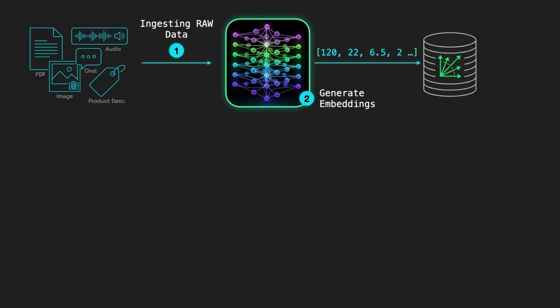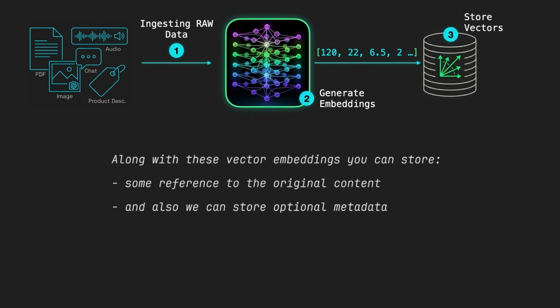Okay, now these vector embeddings are stored inside the vector database, but they are not stored alone. Along with these vector embeddings, you can store some reference to the original content, and also some optional metadata.